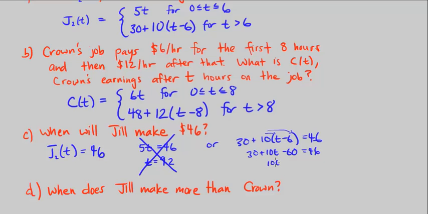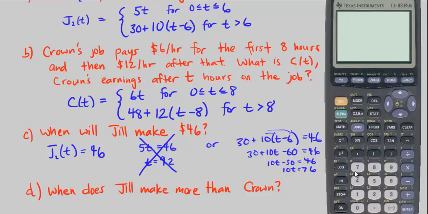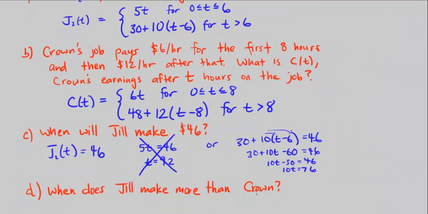Combine like terms, we have 10t minus 30 equals 46. Add 30 to both sides, we get 10t equals 76, right? And then we divide both sides by 10, right? So we can use our calculator, 76 divided by 10, and we get 7.6, right?